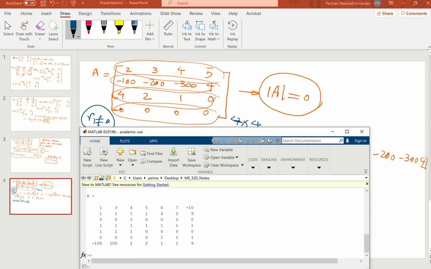Looking at this matrix now, I'm going to ask you, this is a 7 by 7 matrix, right? What's the rank of this matrix? I'll give you 1 minute. Don't go forward, because we are learning. The rank of this matrix is at maximum 6. Because of these ones? No. Because of these zeros.